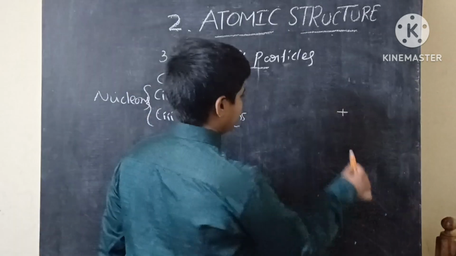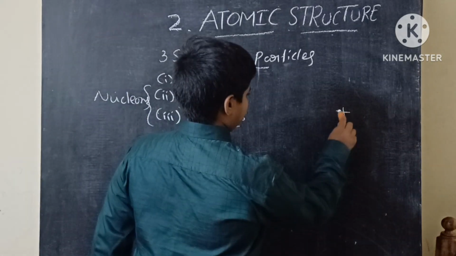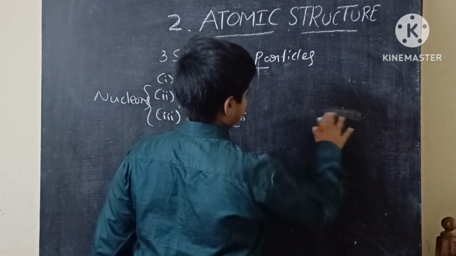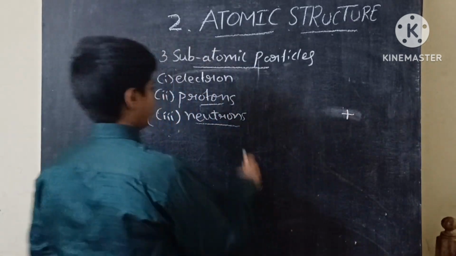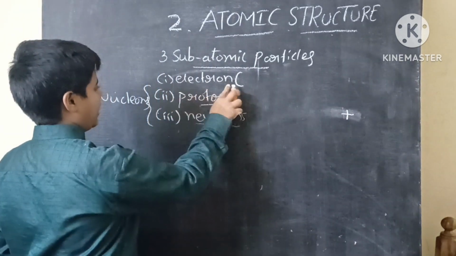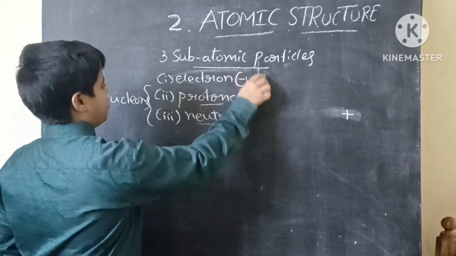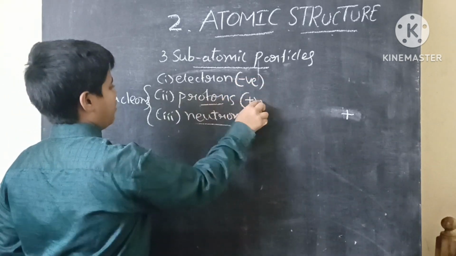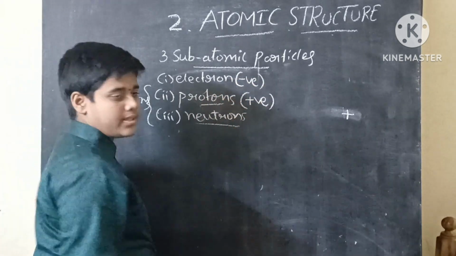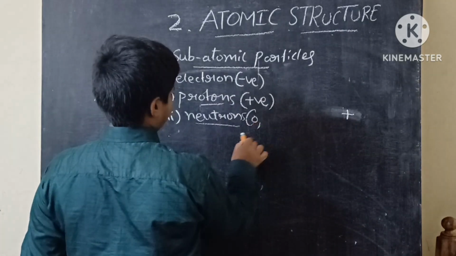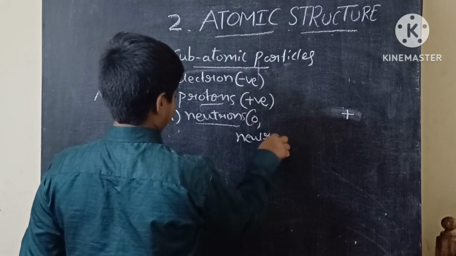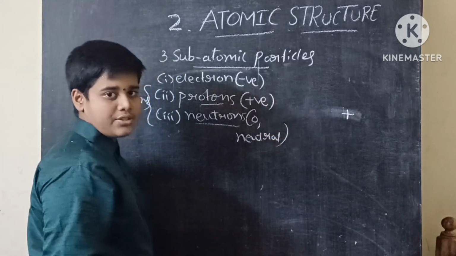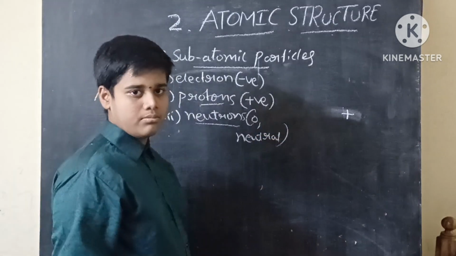So if you see here, this is positive charge. Positive charge means protons. Here another important point: electron means negative charge, protons means positive charge, neutrons means zero or neutral charge. Neutral means zero.